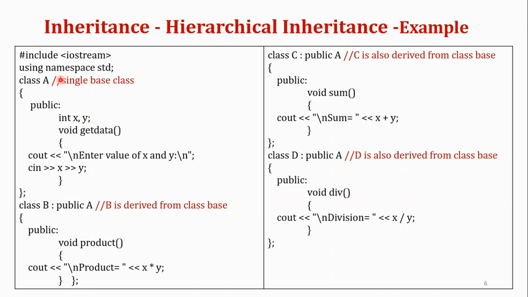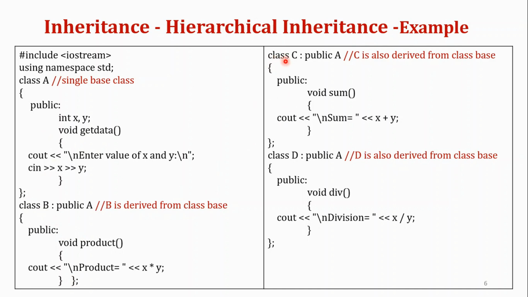That is the properties of class A. Class B inherits class A in public mode, and class B has its own member function, product. All the public properties are readily available, inherited to the public part of class B. And that is the end of class B.